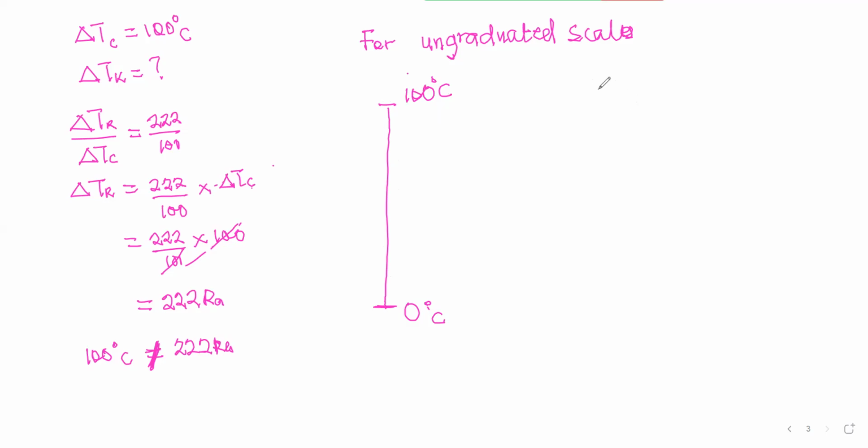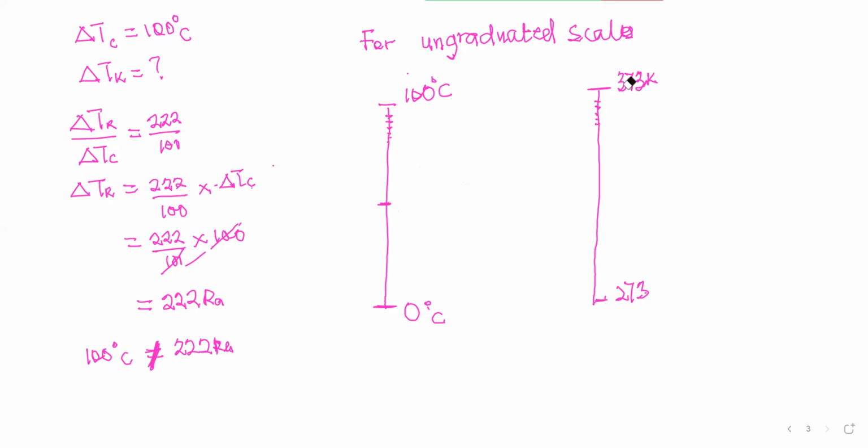If it's about the other one, Kelvin scale, ice point 273 Kelvin, steam point 373. Yes, Kelvin. This interval is also divided into 100 equal parts. So this is graduated because of these marks, this equal division.